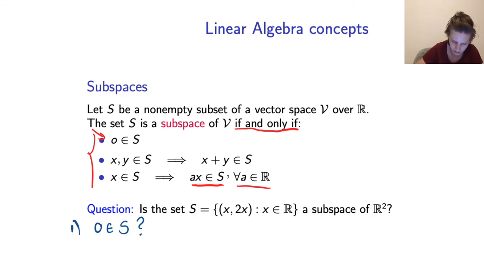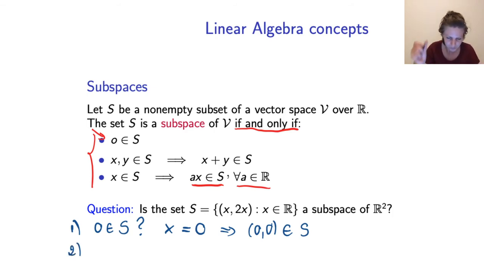Yes, because if you take x equal to 0, then you have that (0, 0) belongs to S. Then let's look for the second condition. Suppose that x and y belong to S, and let's sum two elements of S.